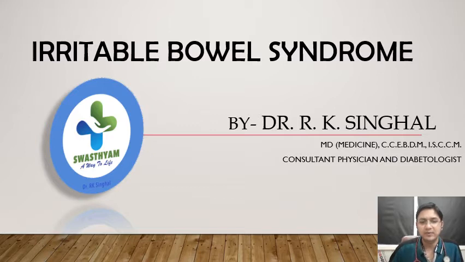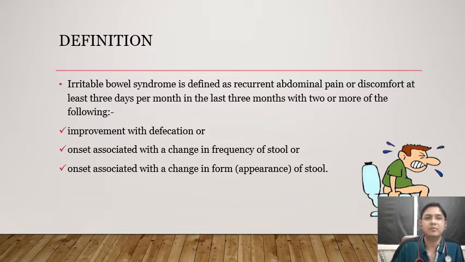So we will go through the definition by which we are going to diagnose that the patient is having irritable bowel syndrome. This is the definition from Harrison, and it's the standard criteria we are going to follow. By the definition, the patient must have recurrent abdominal pain or discomfort.